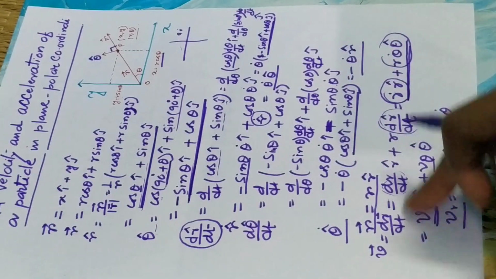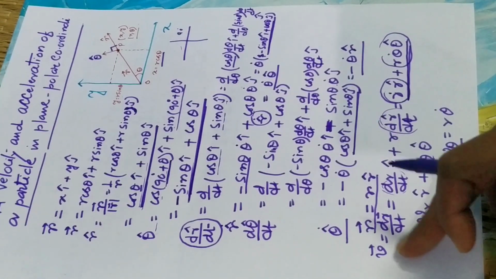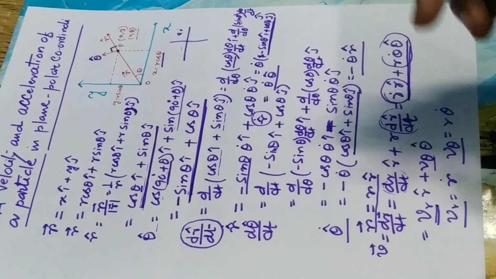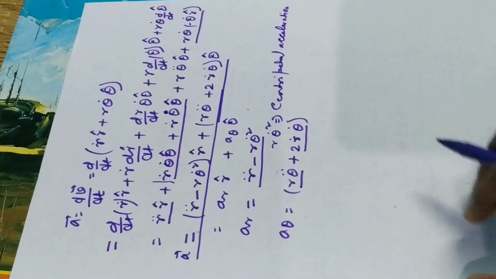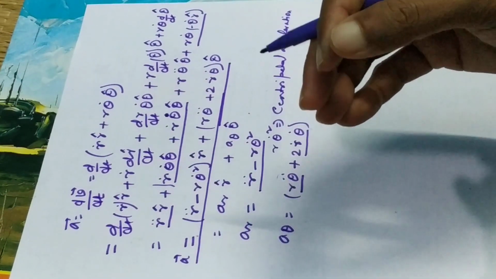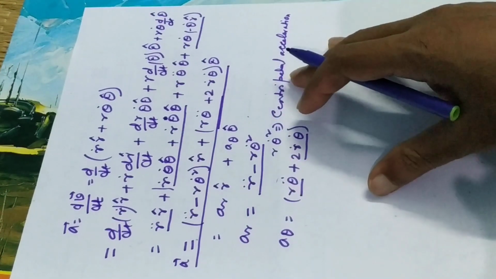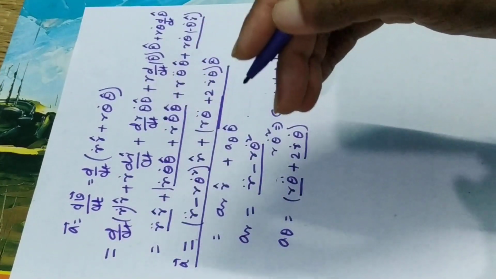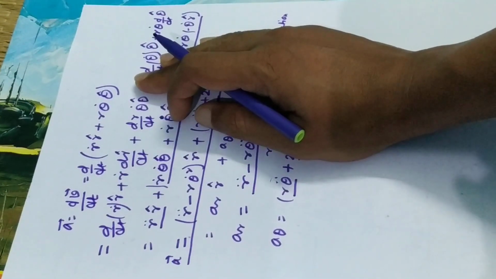So please memorize the expression for the velocity of a particle moving in a plane. Okay. Now I want to calculate the acceleration of the particle, and it is also very important to study the equation of motion of a particle moving in a central force field. So try to memorize it as well.